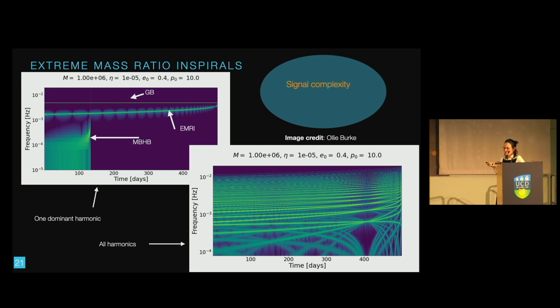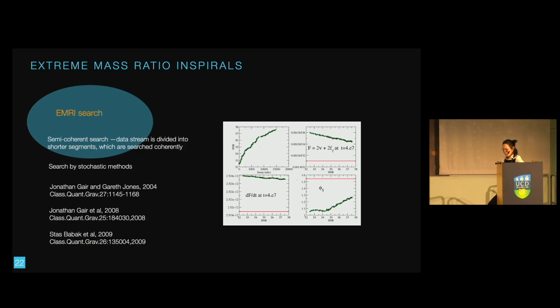This is just to understand how complicated these waveforms are. So this is a galactic binary, a massive black hole binary. This is just a dominant harmonic of an EMRI, and this is if we plot all the harmonics. And EMRI search has been addressed quite long ago during the last data challenges that were dedicated to EMRIs.